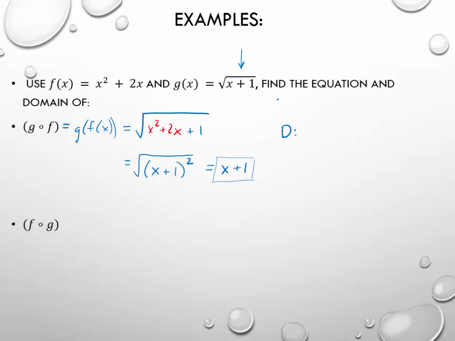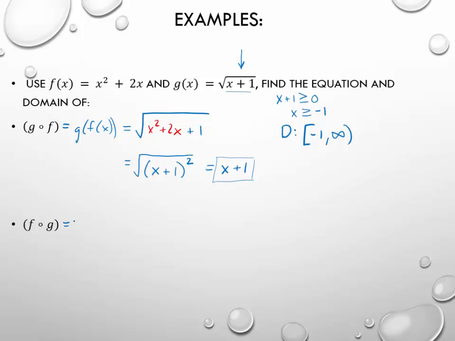Guys, take x plus 1, set it greater than or equal to 0. That's how you do it. You take what's on the inside, set it greater than or equal to 0. So x is greater than or equal to negative 1. So it's from negative 1 to infinity. That's our domain. So basically when I start the second one, I already know that my domain is from negative 1 to infinity until we get to the very end.